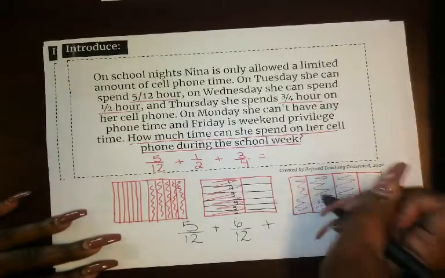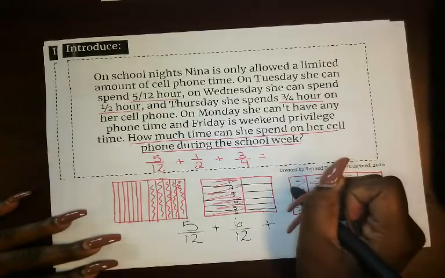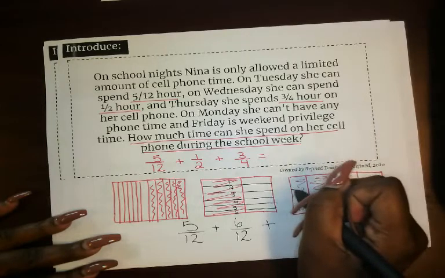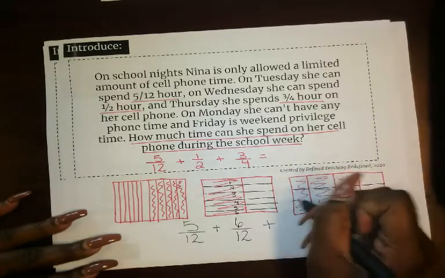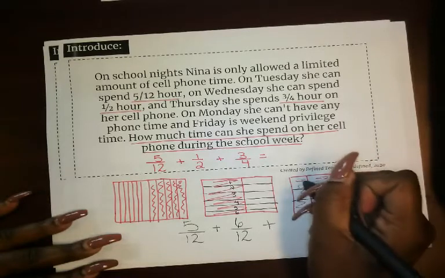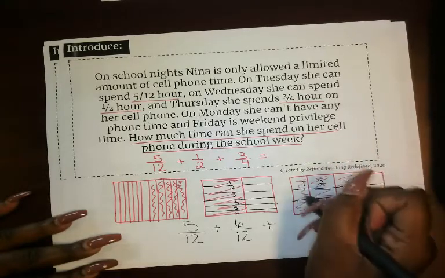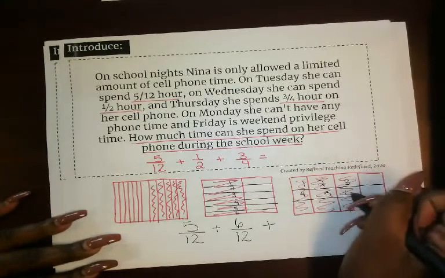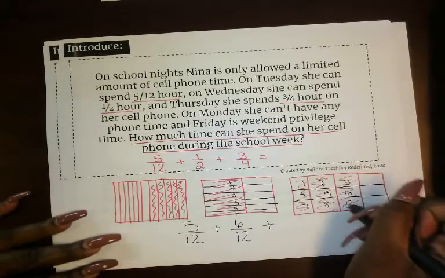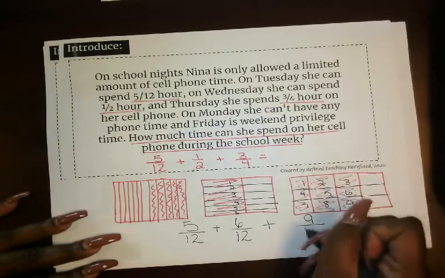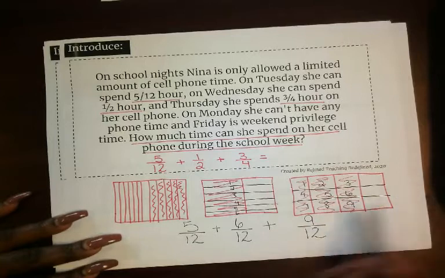And I'm going to change my 3/4 into 12ths by drawing 2 lines across. And that changes into 9/12. And then this 5/12 stays the same.